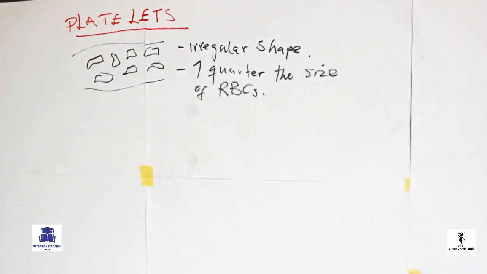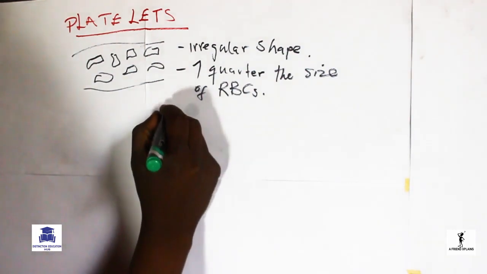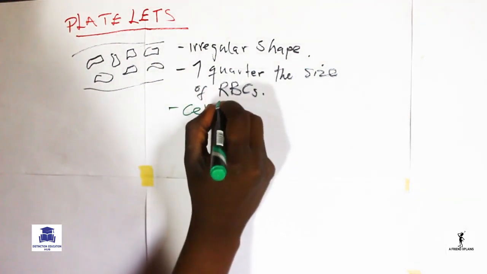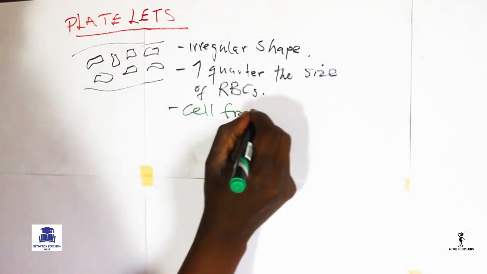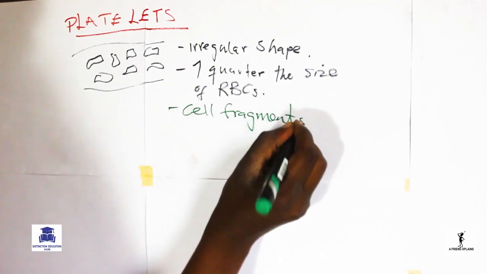Then another thing is that they are just cell fragments that are enclosed by a membrane. So they're just cell fragments that are enclosed in one membrane.